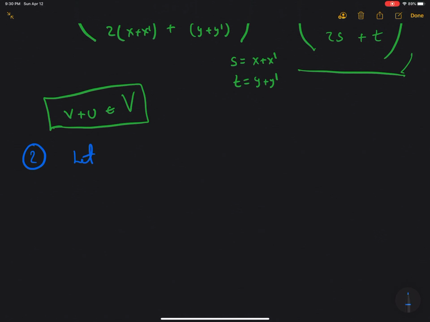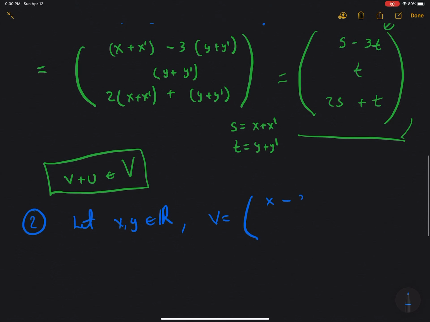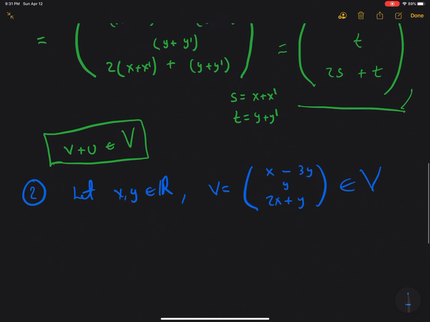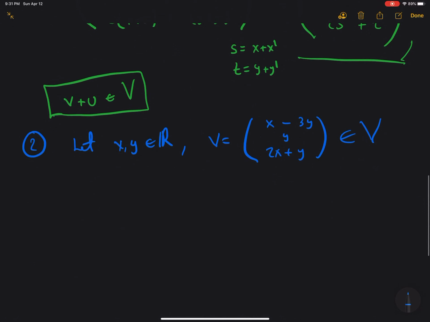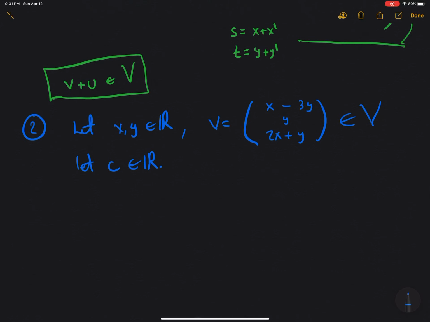Now let me grab two parameters. So I actually have, let me call it v, which will be x minus 3y, just as before, y, 2x plus y. This is an element of the set V. And let me also grab a real number c. Here it is very important that we make a difference of what is what, since x, y, and c are real numbers, little v is a vector, and capital V is a set.